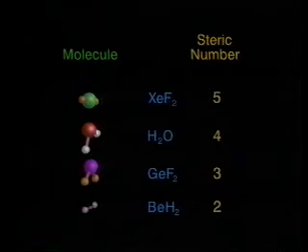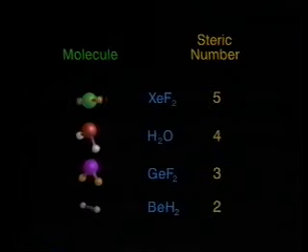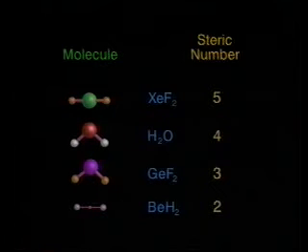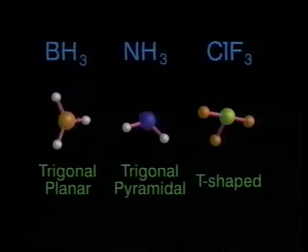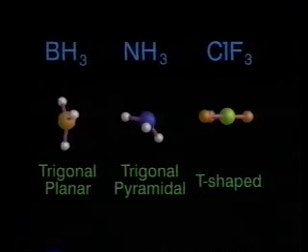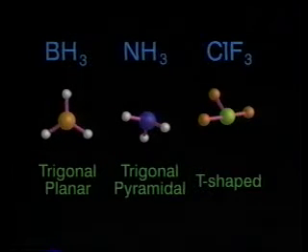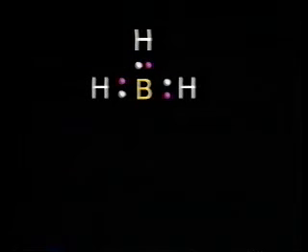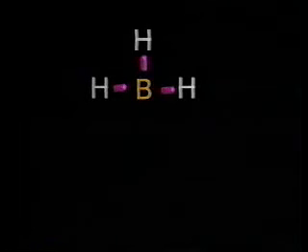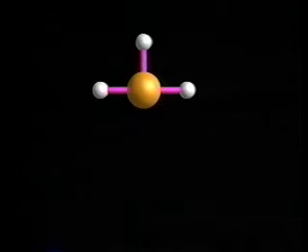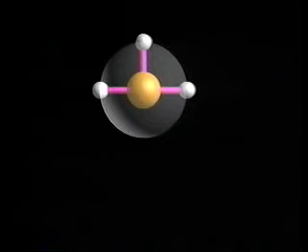These examples illustrate how the steric number guides chemists' predictions of the shapes of molecules. We now proceed to consider molecules with 3 atoms bonded to a central atom. Consider BH3, boron trihydride. Although this molecule has no octet around boron, the best bonding structure has a central boron atom and 3 bonded hydrogen atoms.